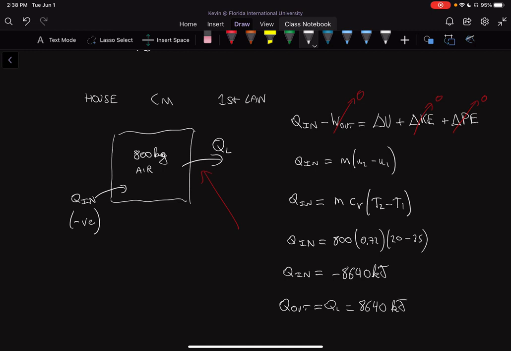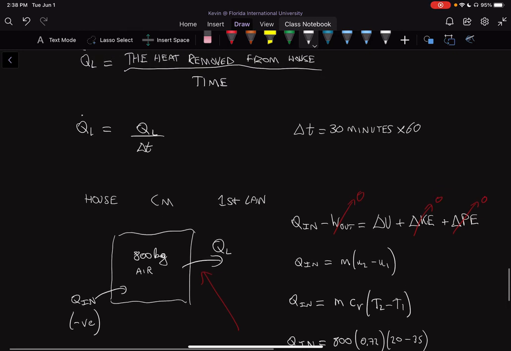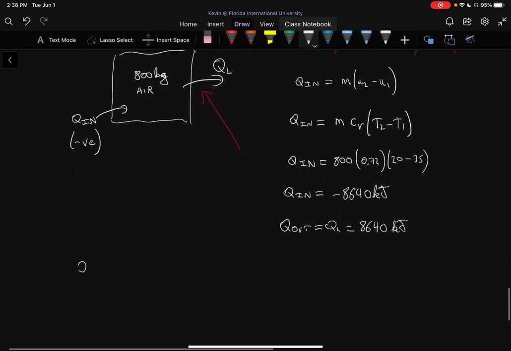And now we can plug that into our equation above to find Q dot L. So Q dot L is equal to 8,640 divided by 30 times 60 to get the units right, and we get that Q dot L is equal to 4.8 kilowatts.